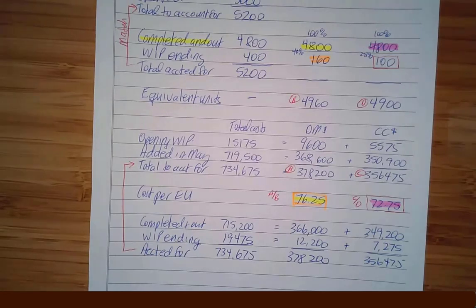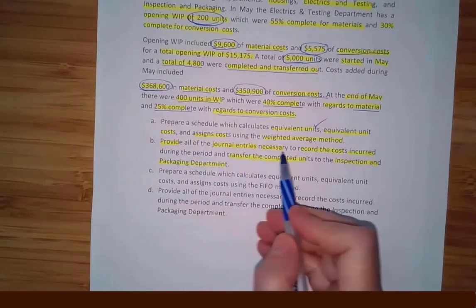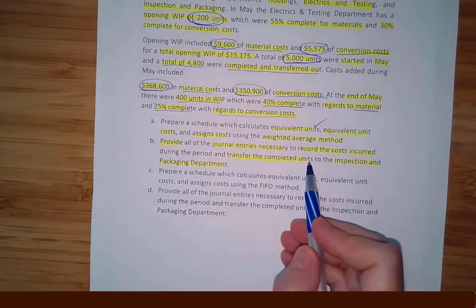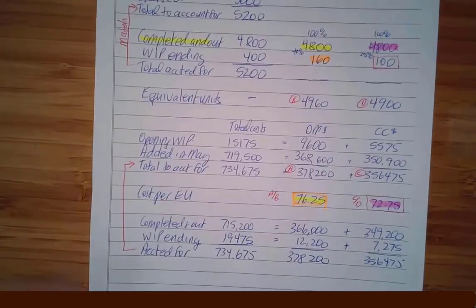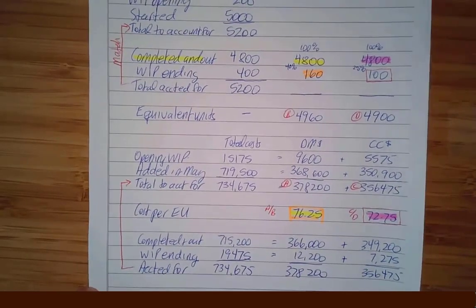What is the last thing that I have to do? I have to provide all of the journal entries necessary to record the costs incurred during the period and transfer the completed units to the inspection and packaging department. I'm going to use this information to do that. So let's first look at a T account from the beginning of the month of May.